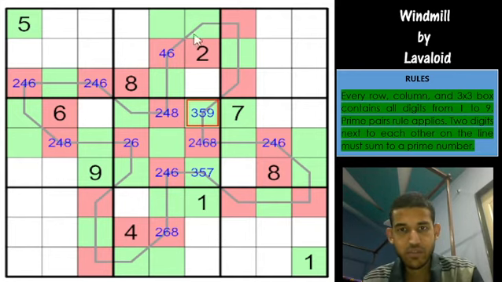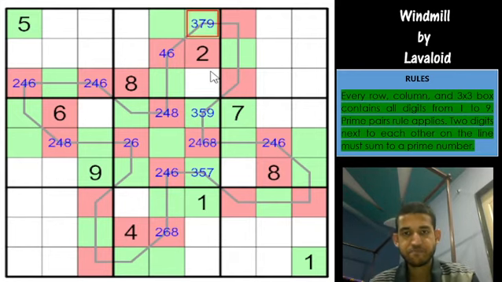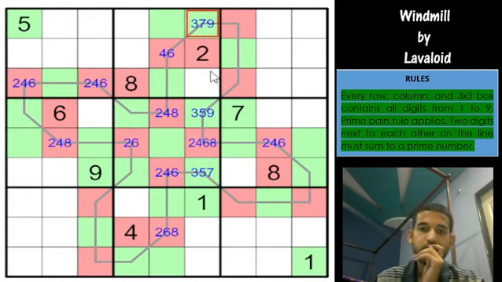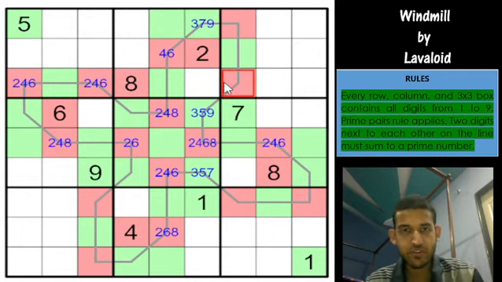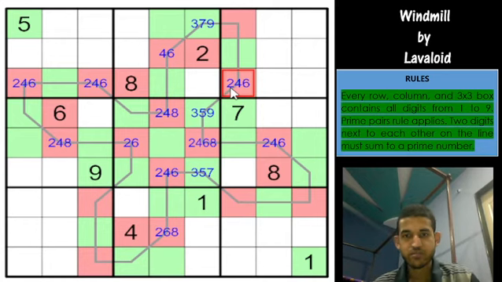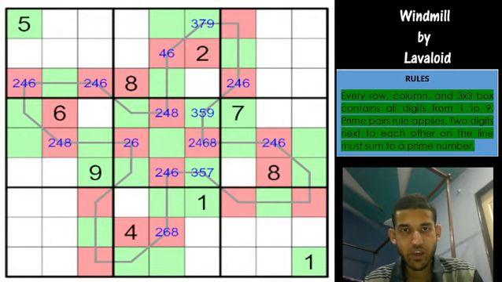And that has to be 3, 7, 9. This is even, so this would be 2, 4, 6. And you can mark the rest of the cells along row 3 as odd, right? We have 4 evens, 4 reds, so all these cells are odd.